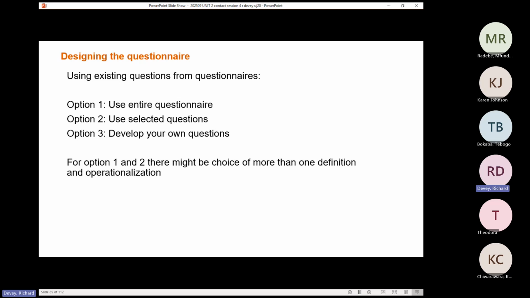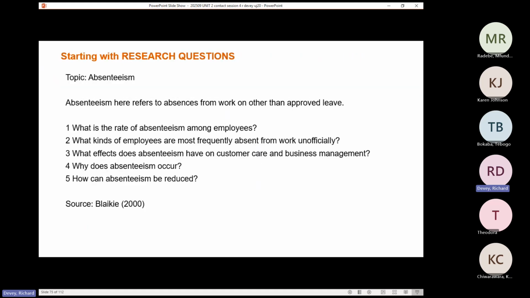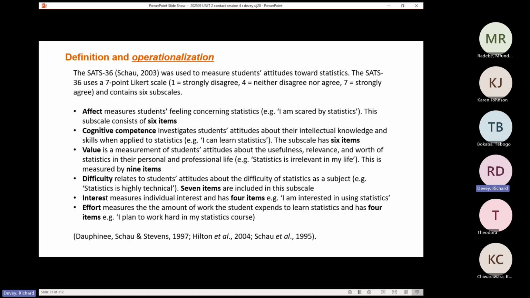So if we go back to the other example with the attitudes towards statistics, you could say you're only interested in affect, cognitive competence, and value. You're not really interested in difficulty, interest, and effort. So if you were only focusing on affect, cognitive competence, and value, you would only use those parts of the questionnaire. You're not going to use the difficulty, interest, and effort, and so on. So that's also an option.